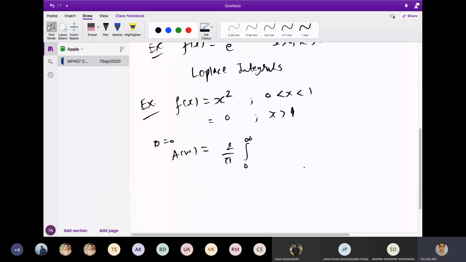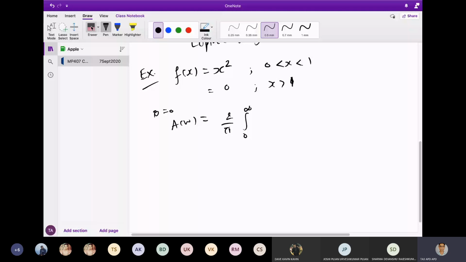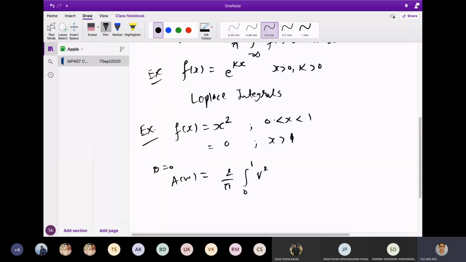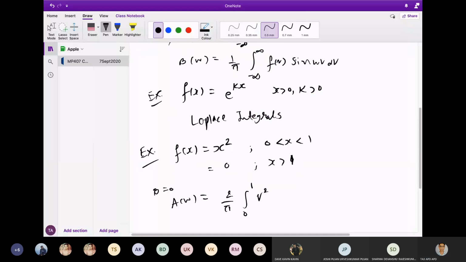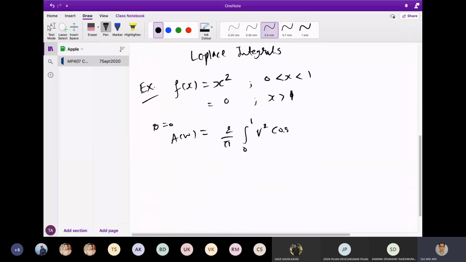So it's going to be 0 to 1, and you will have v square, because otherwise it is going to be 0, and the parameter is cos wv dv. So this is going to be integration by parts, so it will require integration by parts.